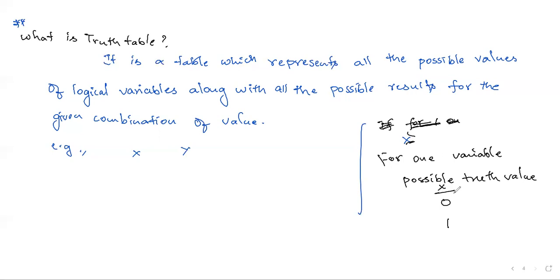X is a variable, and its possible truth value will be either 0 or 1.